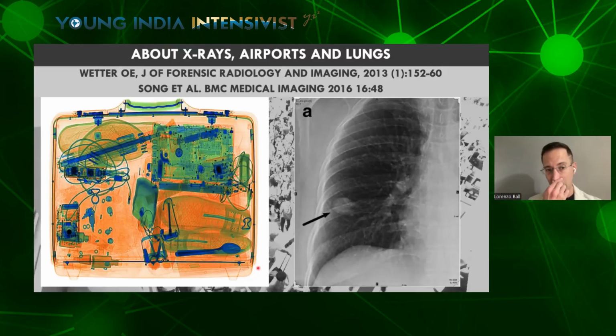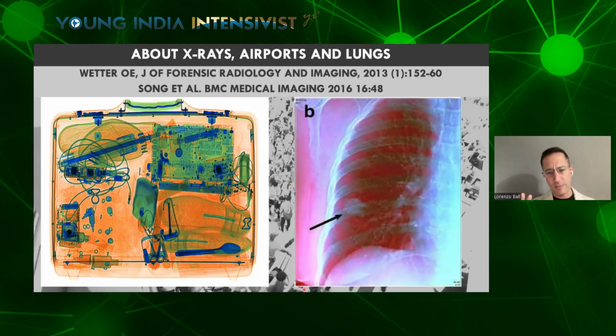How is it possible? This is possible because the image is not acquired with a single energy of photons coming from the X-ray tube, but the images are acquired with two energies at different levels. The subtraction analysis is actually a bit more complicated than that, and can give you a color image also in clinical practice.